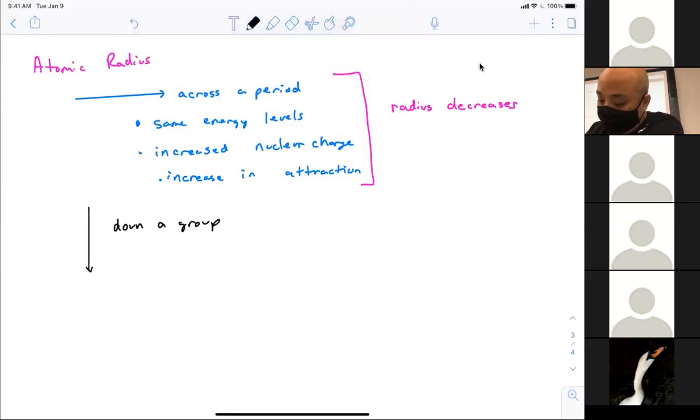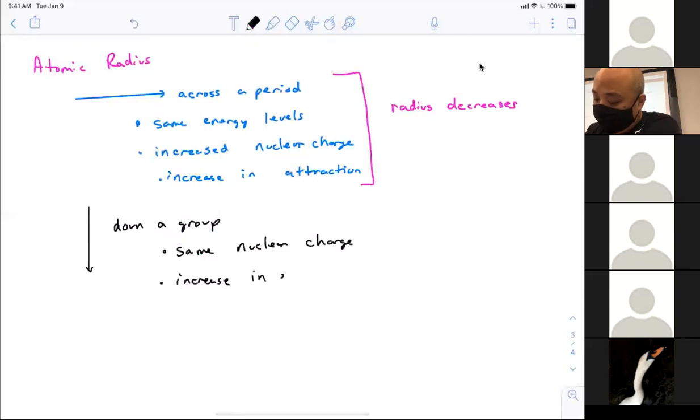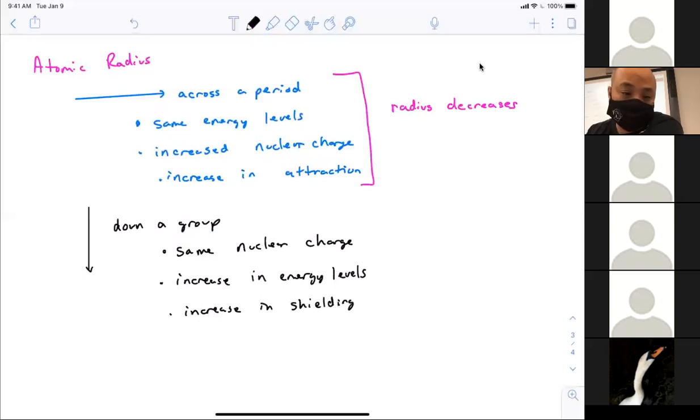As you go down a group, you have the same nuclear charge, but an increase in energy levels, which is an increase in shielding.